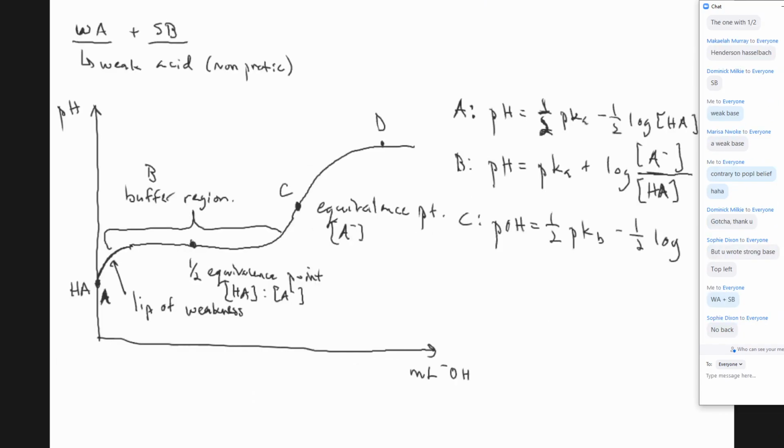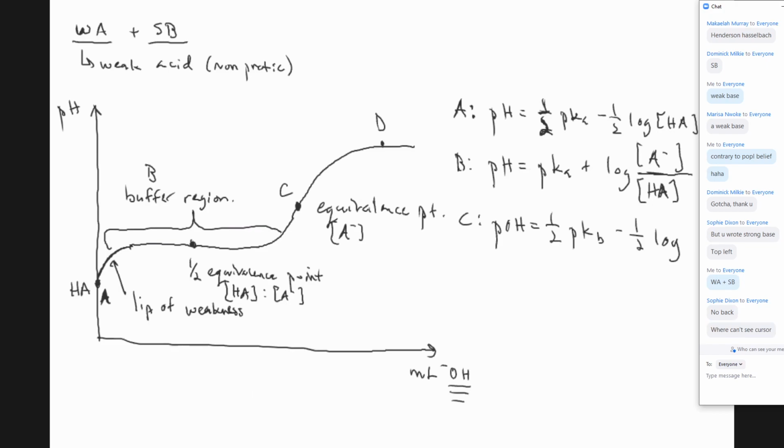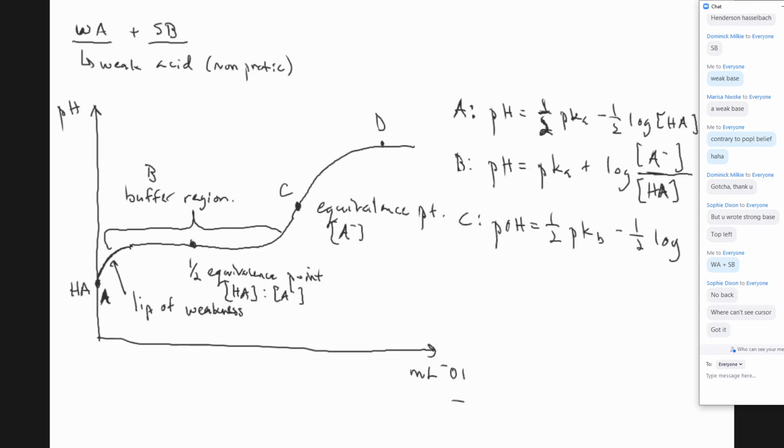where did I write strong base? Oh, this is the strong base right here. But at this point, this has just barely neutralized all the H's. I'm going to draw it in red. This is the strong base that I've added to the solution, the OH. So OH at that point has slowly ripped off an H until it got to here. And at this point, we know that we only have A minus left, right?